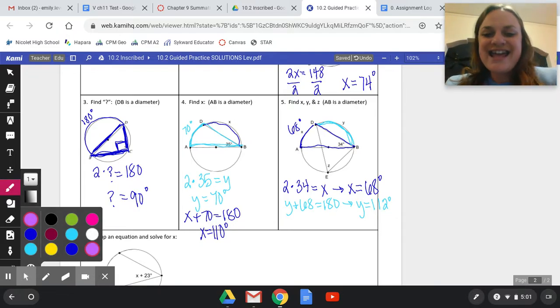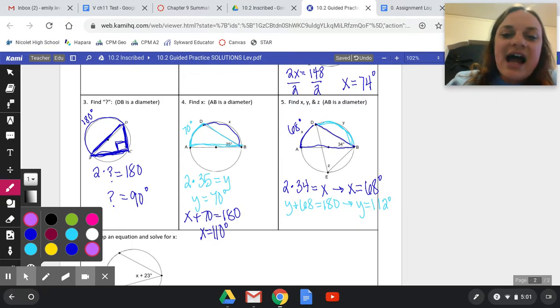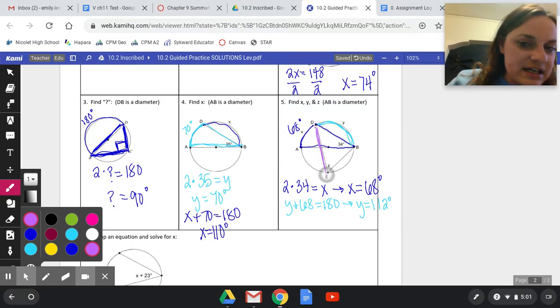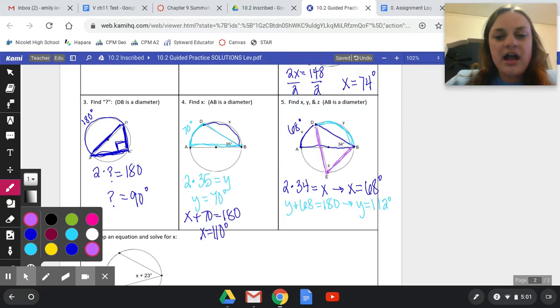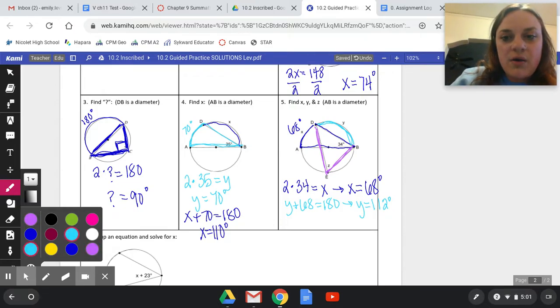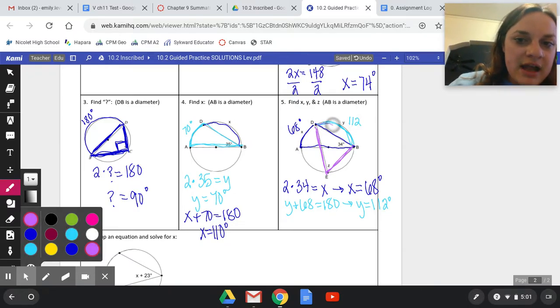Everybody has those days. Next, I see Z. Z is an inscribed angle. And which arc does it intercept? Well, it intercepts arc Y, which is 112 degrees, okay? So my intercepted arc is right here. That is 112.